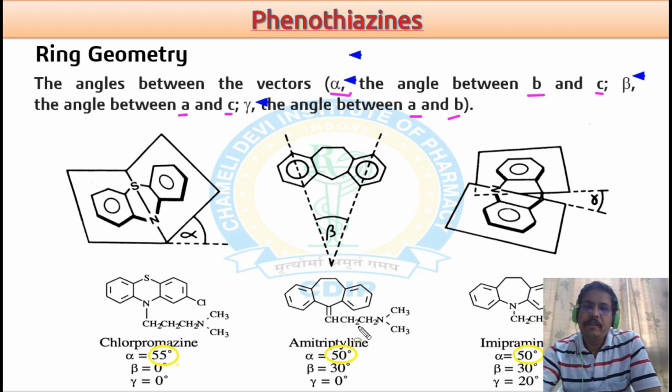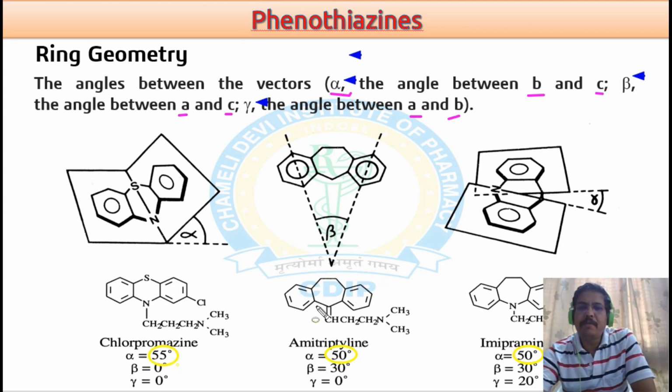And if you look at the activity behavior of this ring system, chlorpromazines are antipsychotic, meaning phenothiazine derivatives are predominantly antipsychotic, while amitriptyline or imipramine have antidepressant activity.